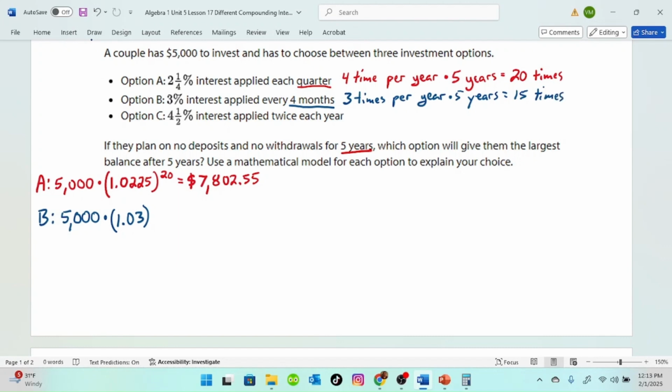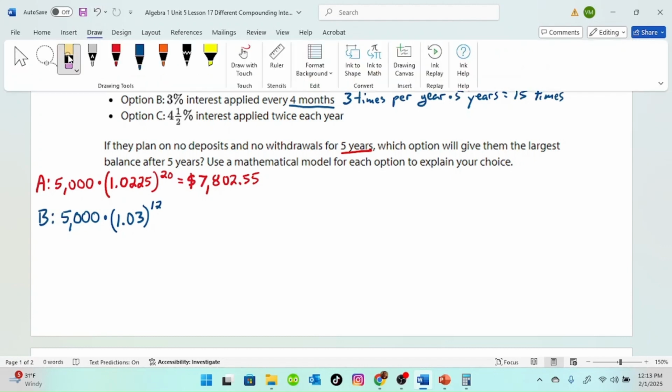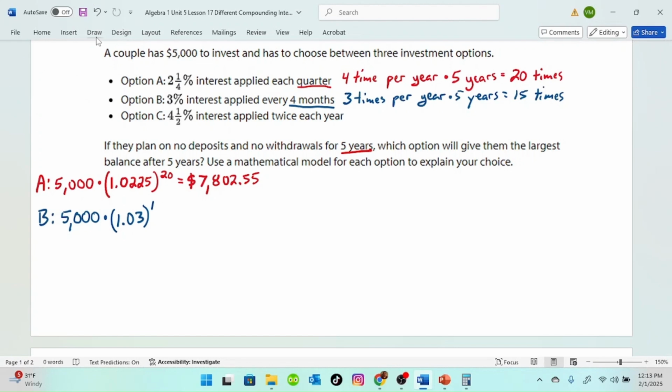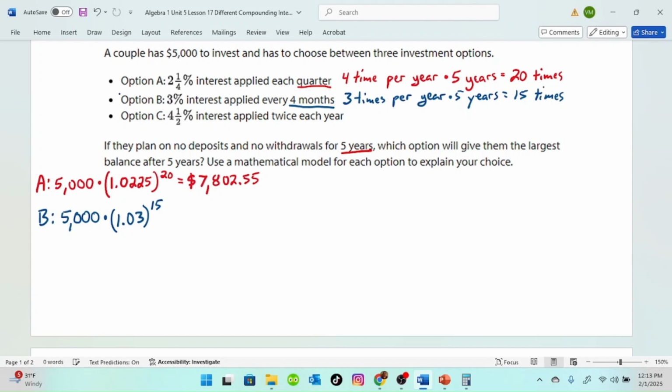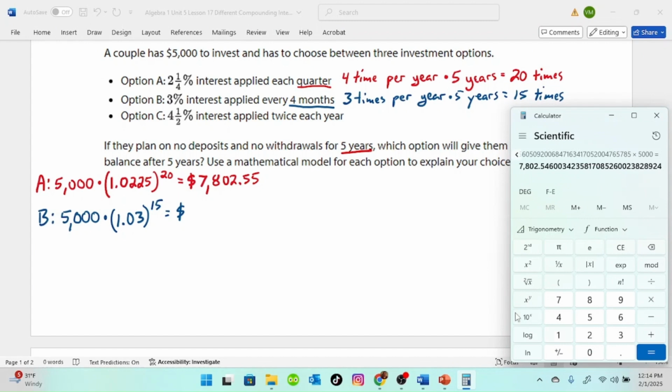So our exponent is going to be 15. So this time we do have a bigger growth factor, but we have a smaller exponent. So it's not happening as many times. So now we can put this in the calculator.